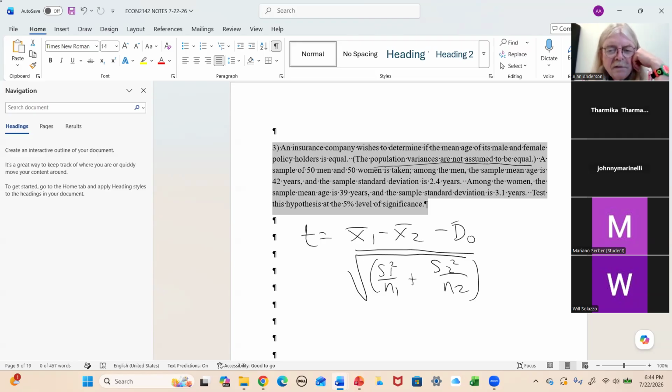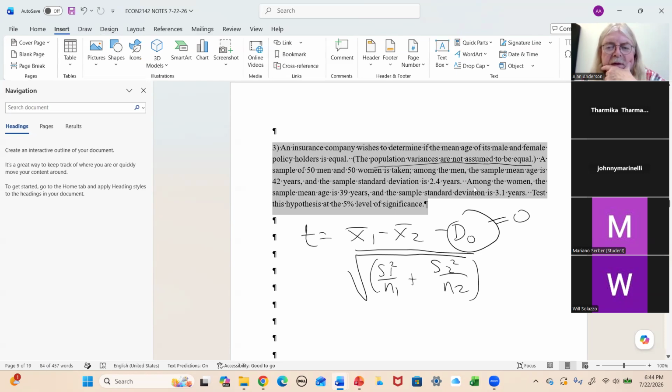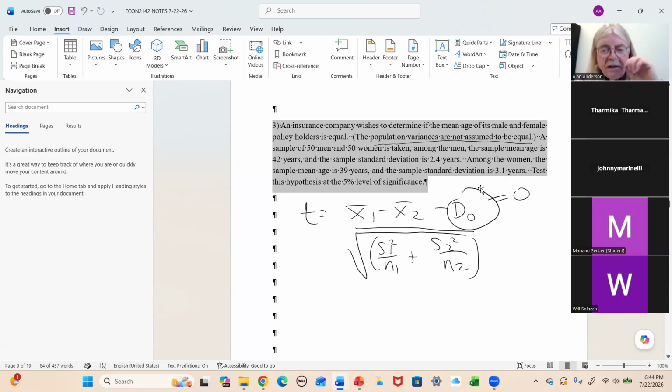Okay, and remember, this is the hypothesized difference, which is usually zero. So they want to know if the mean age of its men and women customers or policyholders is equal, therefore the difference would be zero. So we can just let that drop out.